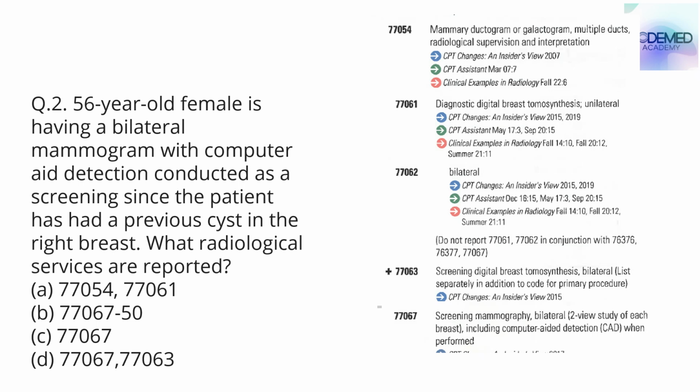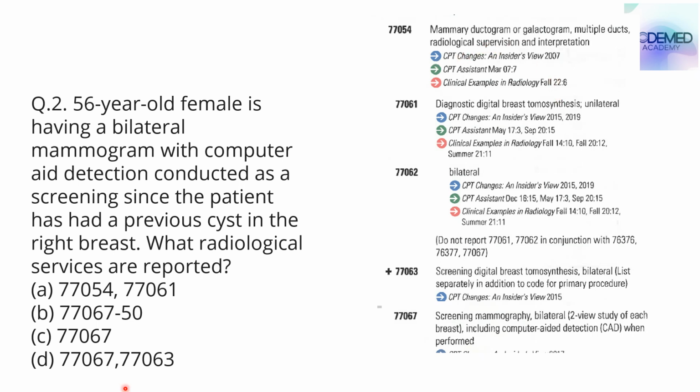Let us take the next question. A 56-year-old female is having the bilateral mammogram with a computer aided detection conducted as a screening since the patient has had a previous cyst in the right breast. What surgical radiological services are reported? So she underwent a screening mammogram, and if you look at the code 77054, it is a ductogram and galactogram.